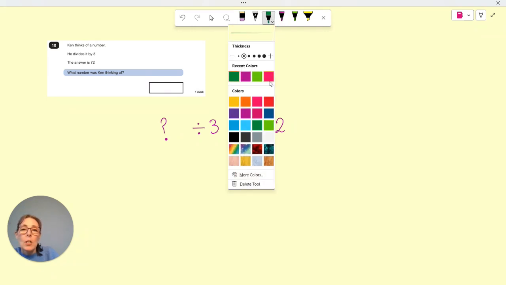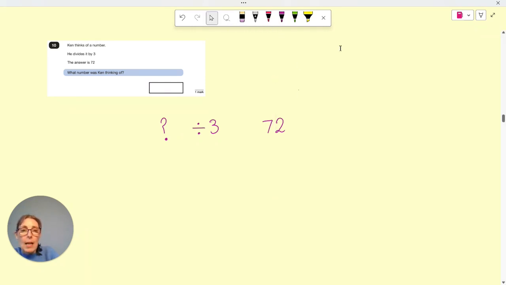Now, when you see a question like this, it's really helpful to think about what the inverse operation is. So if I said to you, something multiplied by 2 equals 6. Now you know that 3 times 2 is 6.